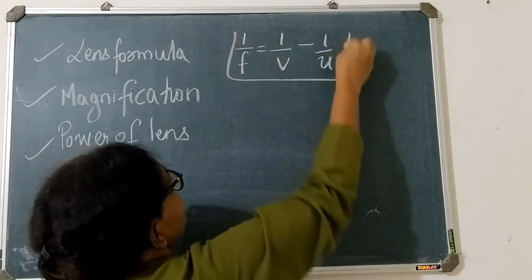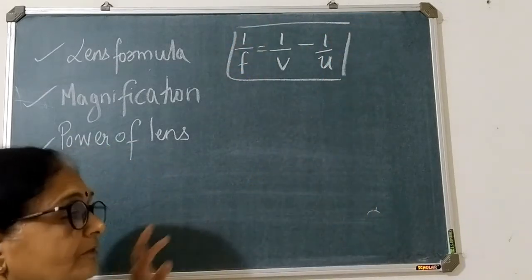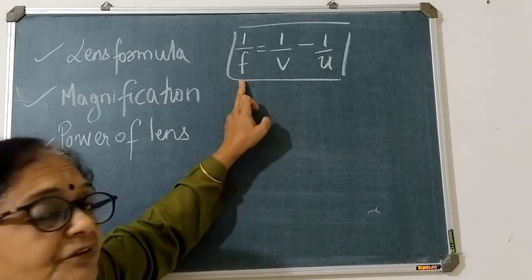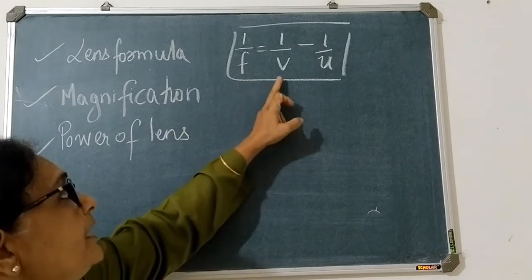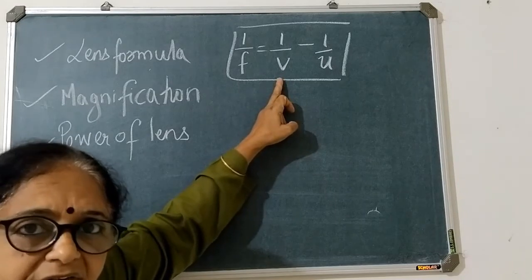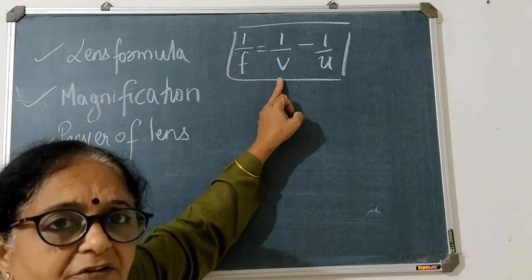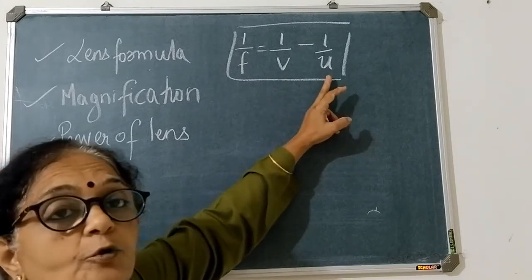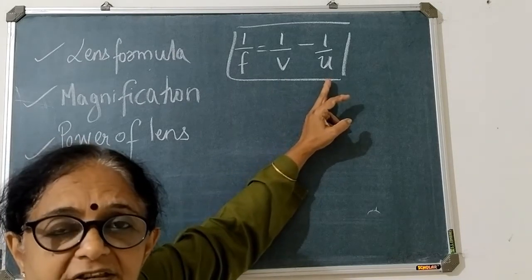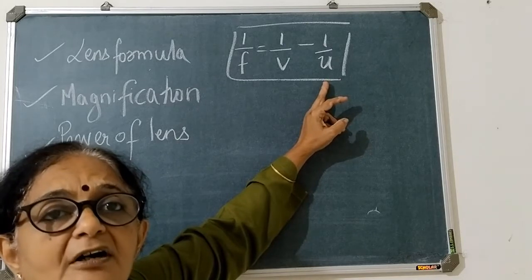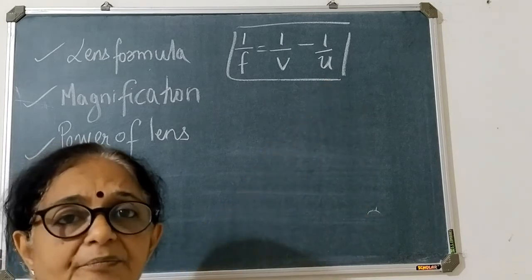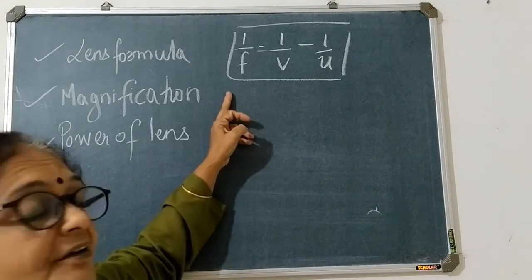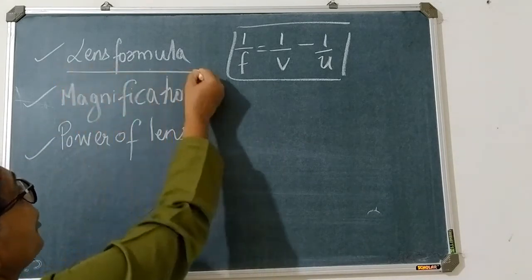So this is the lens formula which you will be using for doing the numericals, where f is the focal length, v is image distance, that is the distance of the image from the optic center, and u is the object distance, that is the distance of the object from the optic center. So this is the formula, and we call this a lens formula.